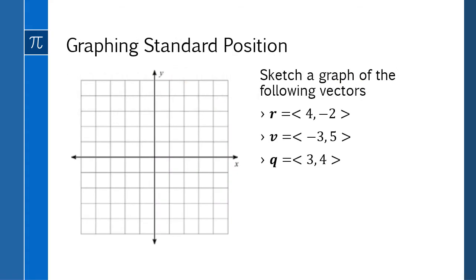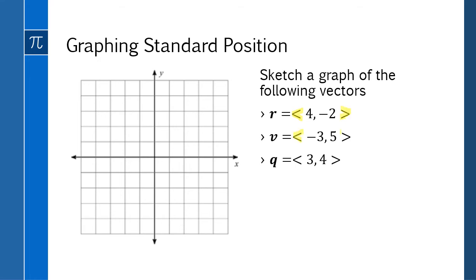So let's take a look at some examples and try to visualize this. The first part is just sketching the graphs of some vectors that are represented in standard position. So as soon as you see the angle brackets, those tell you that the initial point is automatically the origin.